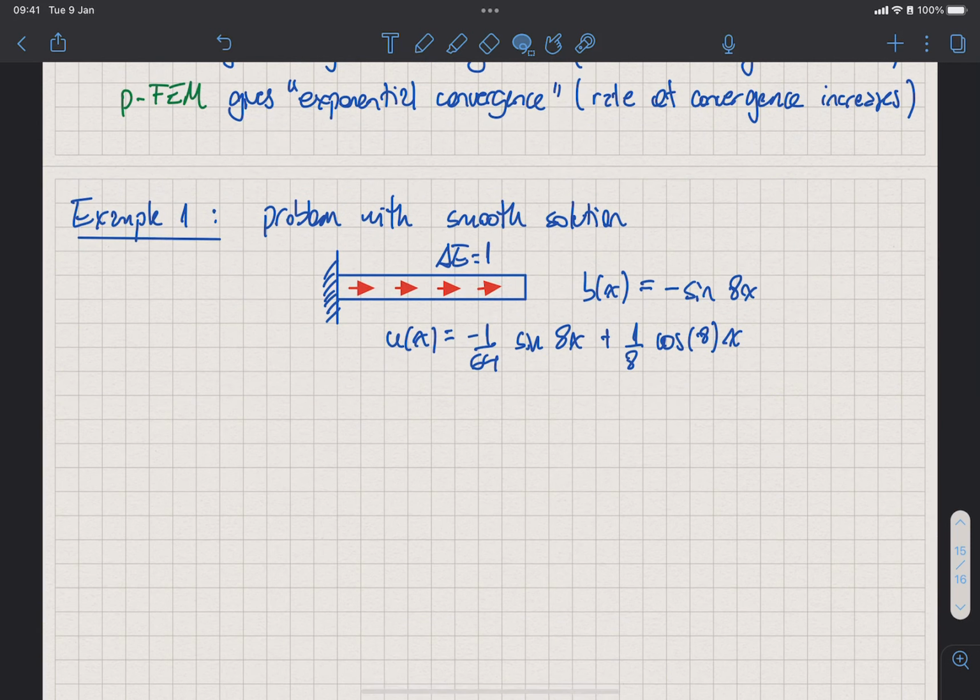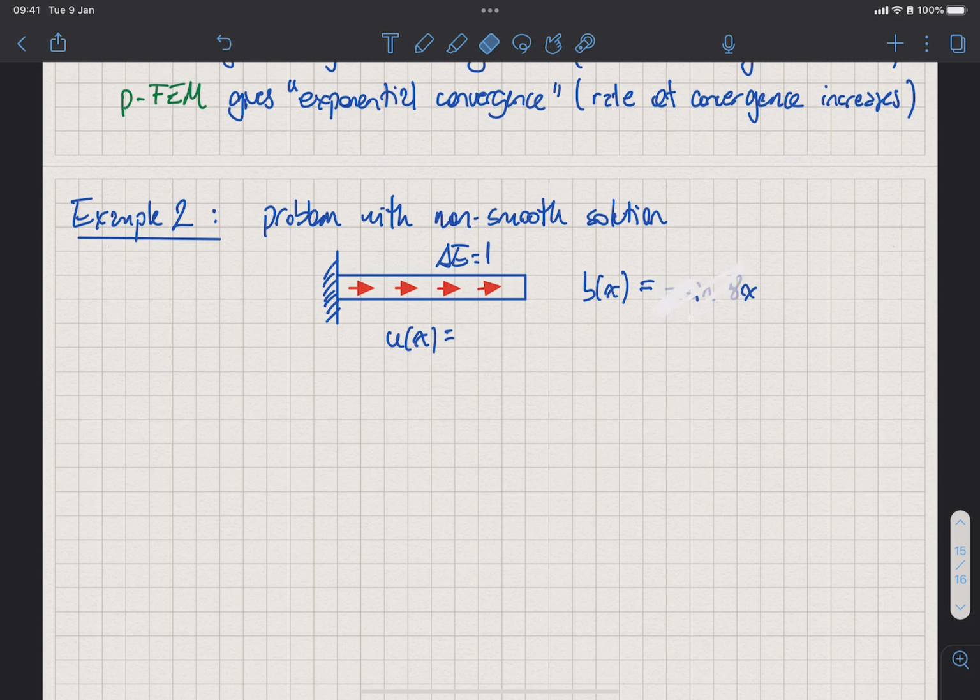So let me make this problem 2. And now this is going to be non-smooth. And I'm going to choose another body force.